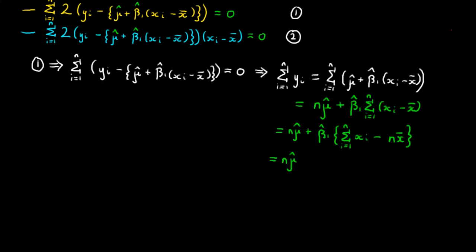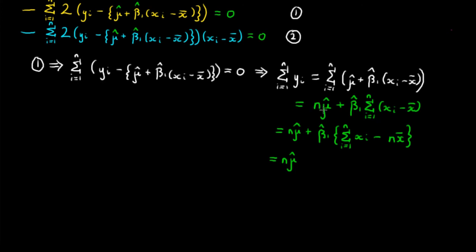Okay, how can we simplify that? Well, if we split this sum into 2, so we write this as the sum of the mu hats plus the sum of beta 1 hat times xi minus x bar, then that first sum is just going to be n lots of mu hat, because mu hat isn't depending on i here. So we're just adding mu hat to itself n times.